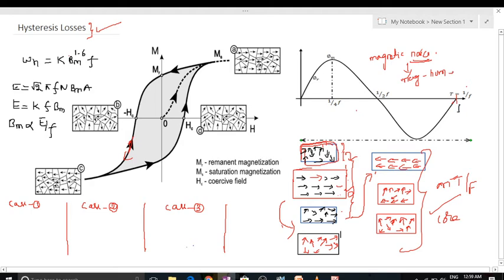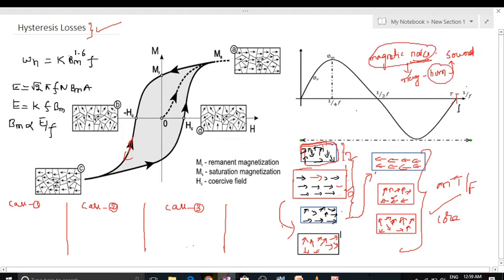Due to this magnetic hum, some sound can be heard if you stand in front of the transformer. Generally everybody might hear the sound from the transformer. That sound is due to this magnetic noise, due to magnetic hum.